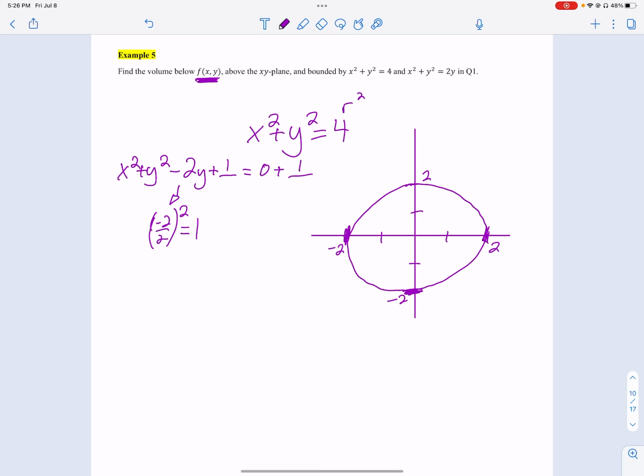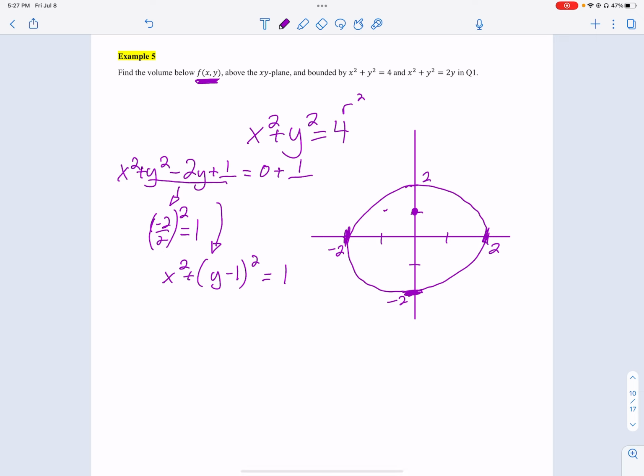That's what goes in here and here. This will factor to x squared plus y minus 1 squared equals 1. We force the factoring to happen. What that tells us is this is a circle shifted up 1 on the y-axis with a radius of 1, because that's r squared. So I'll do my best to draw a circle inside of here.